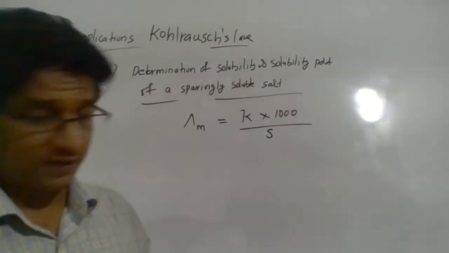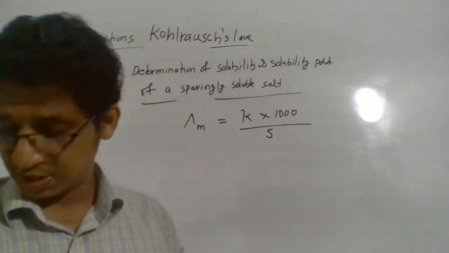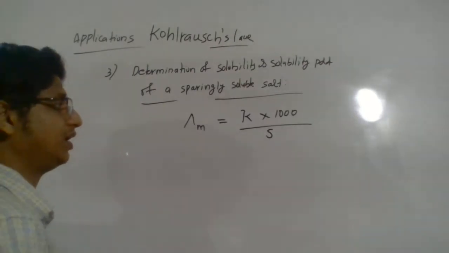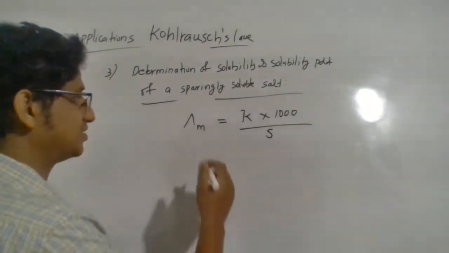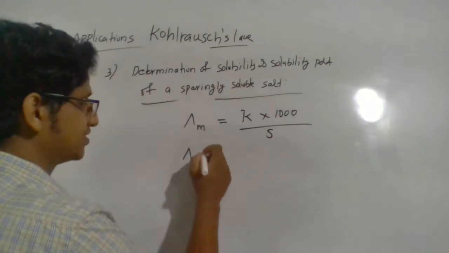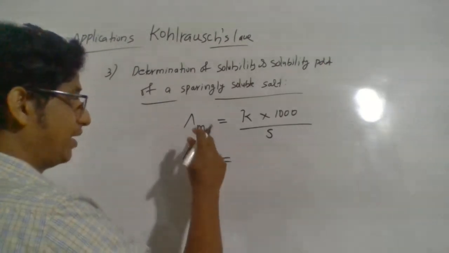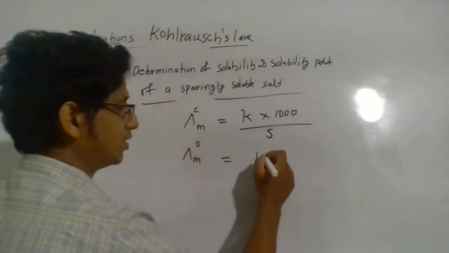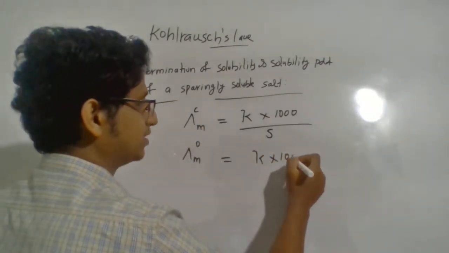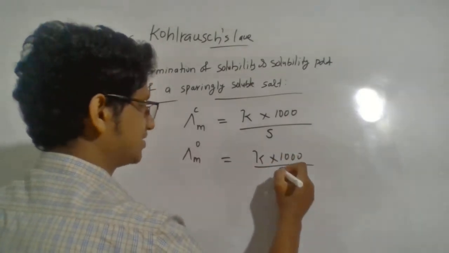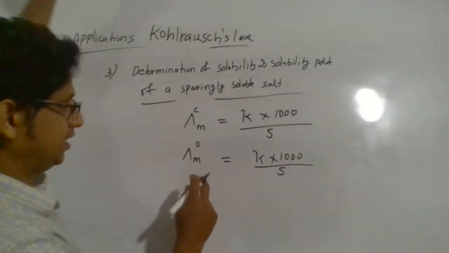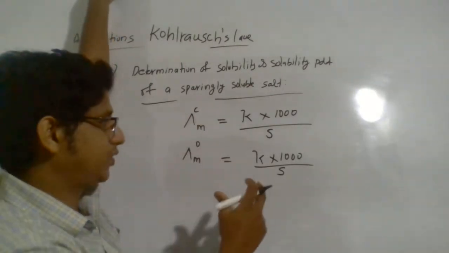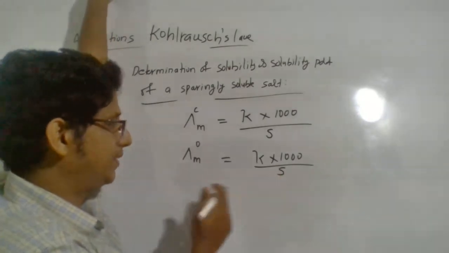So now if we have lambda m is this, now just imagine we are talking about molar conductivity at infinite dilution. So instead of lambda mc you can put lambda m0, which is equal to kappa into 1000 divided by S. So if you are provided with lambda m0 value, that is molar conductivity at infinite dilution, you can find the solubility.